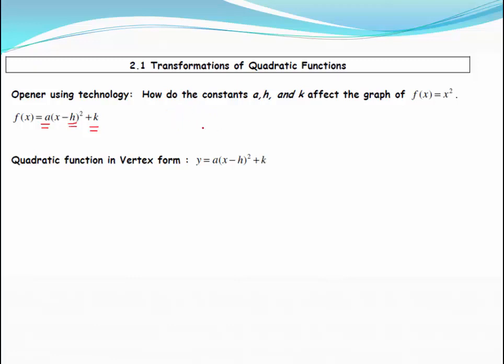So how did that change look when you kind of test them out? So what we call this format, when there's a number in front of the parentheses and then the parentheses itself squared, the minute you see this squared, we call that vertex form. And the reason being is that you can just grab the vertex right from the equation.